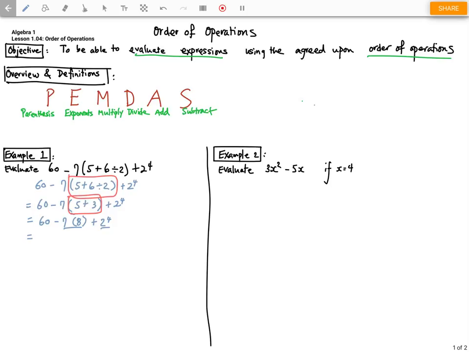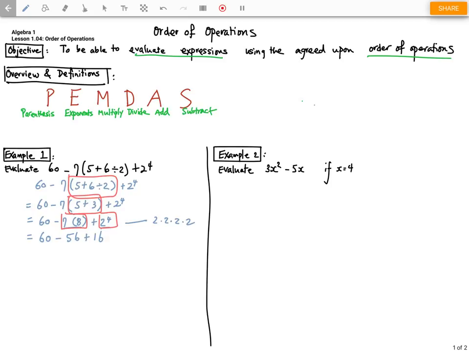Before addition and subtraction, multiplication and exponents have higher priority. So let's focus on the multiplication and exponents, like using PEMDAS. So that's 60 minus 7 times 8 is what? 56, plus 2 to the 4th power, that's the same as 2 times 2 times 2 times 2, that's 2, 4, 8, 16. So now we have simplified the expression.